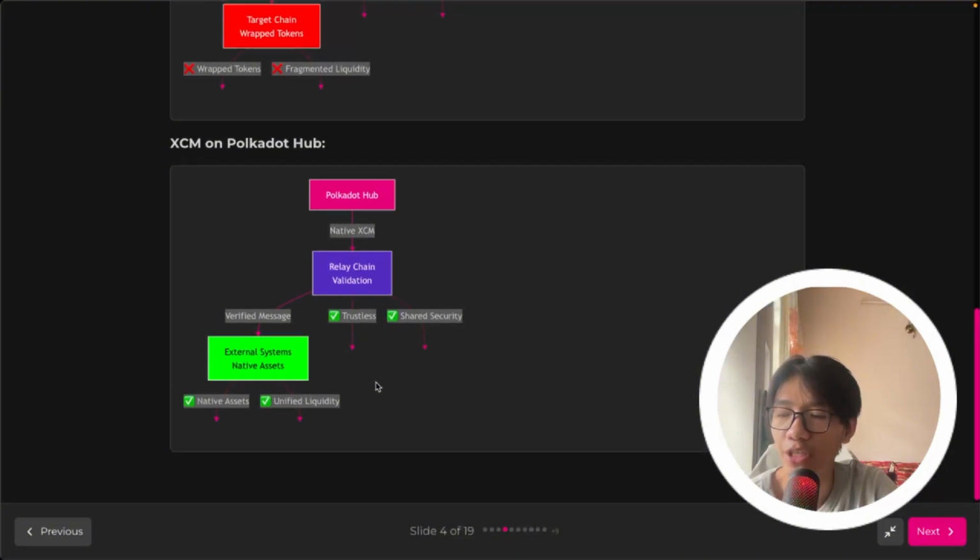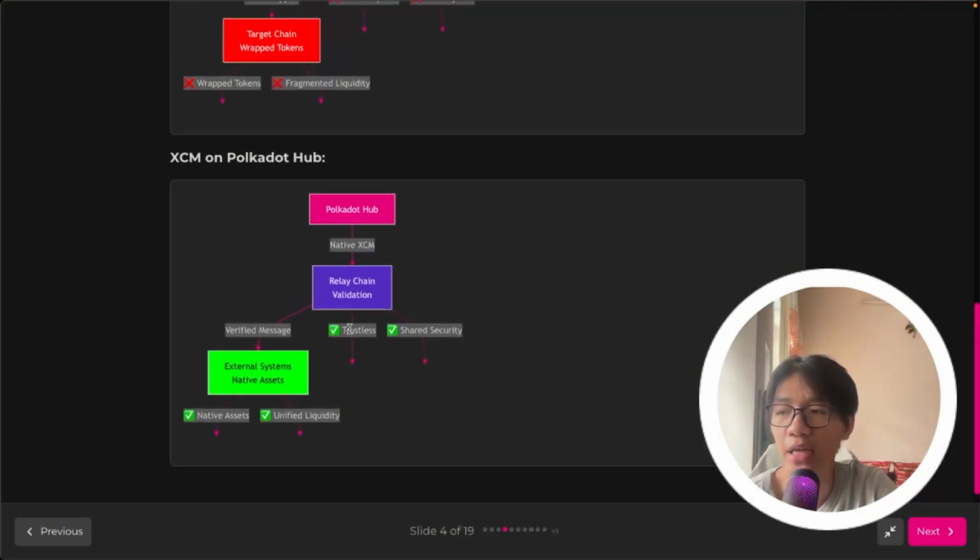Then you have the validation directly on the relay chain, which enables the trustless and shared security attribute. The external system's native asset is verified by the XCM protocol, allowing the external system to receive that asset. And this is the native asset, it doesn't have to be wrapped, and liquidity is unified.